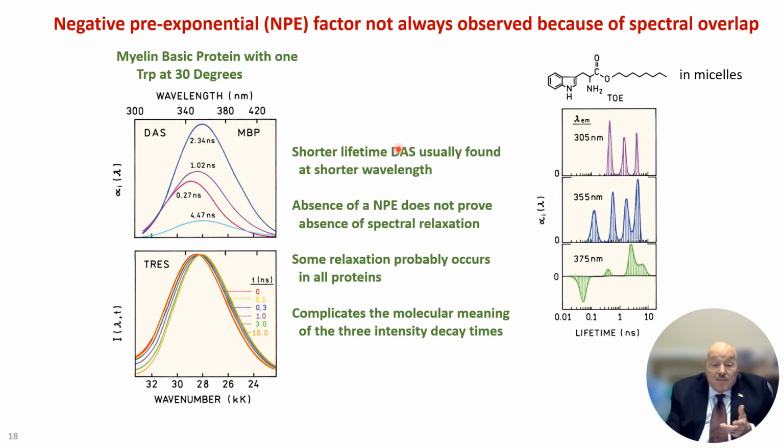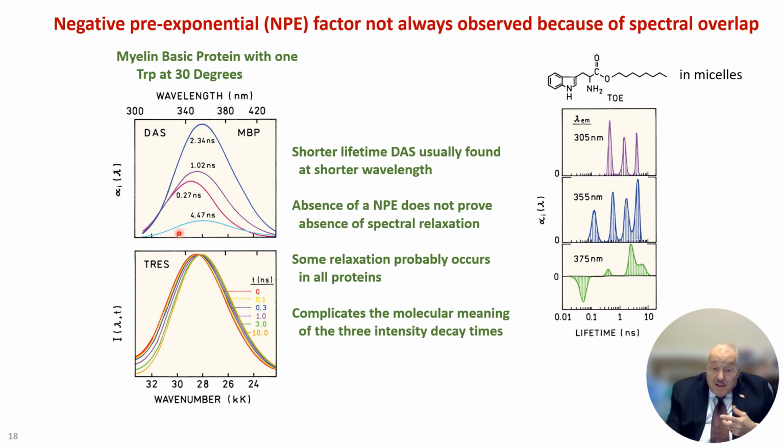Another one I have here is for myelin basic protein. That one was just indole. So here we have the single tryptophan protein, myelin basic protein, which forms sheets of protein around your nerve fibers.